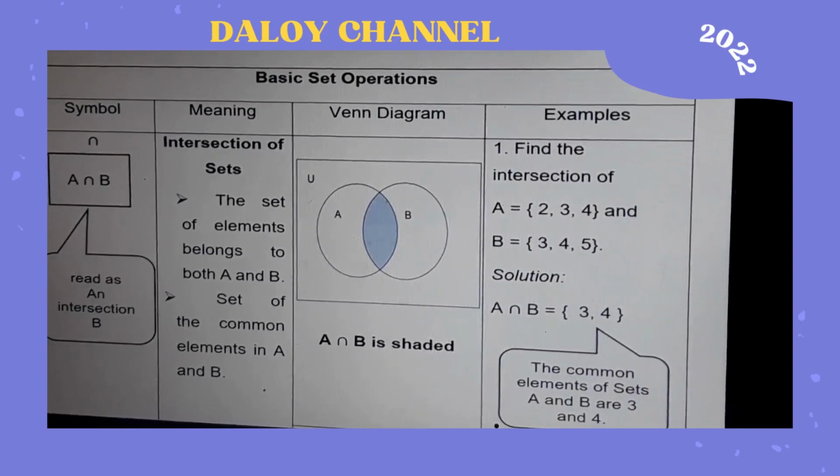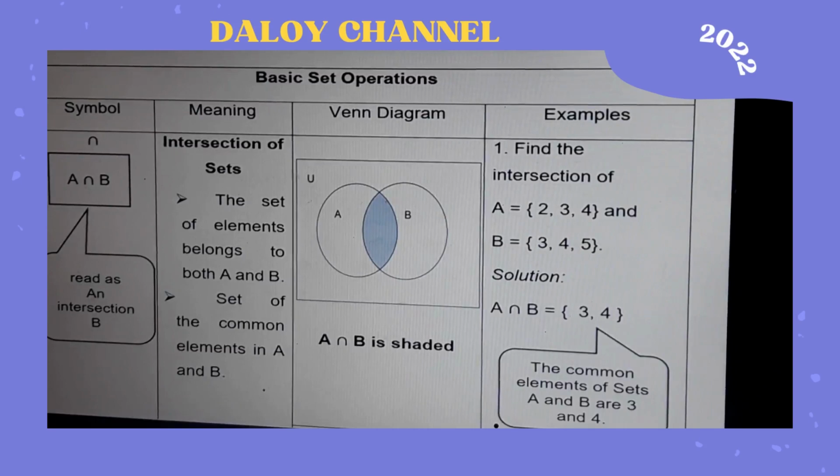So if you put this in a Venn diagram, what is inside the shaded part are the elements which are common. Those are the numbers or elements that should be put in the intersecting area of the sets in the Venn diagram.